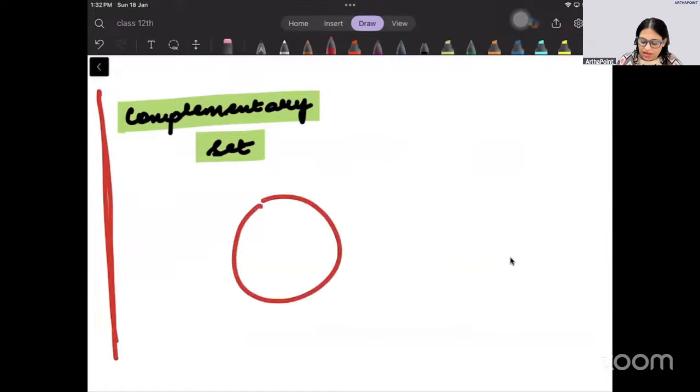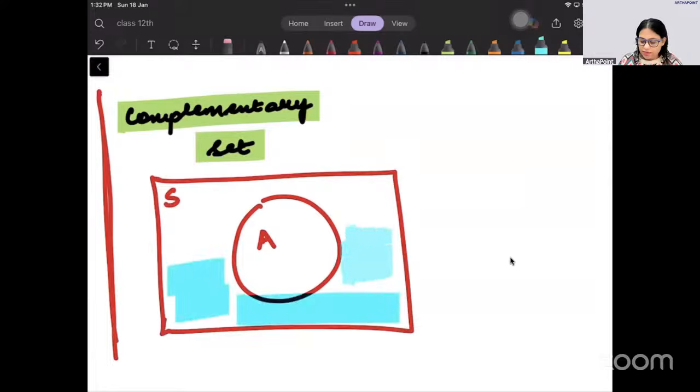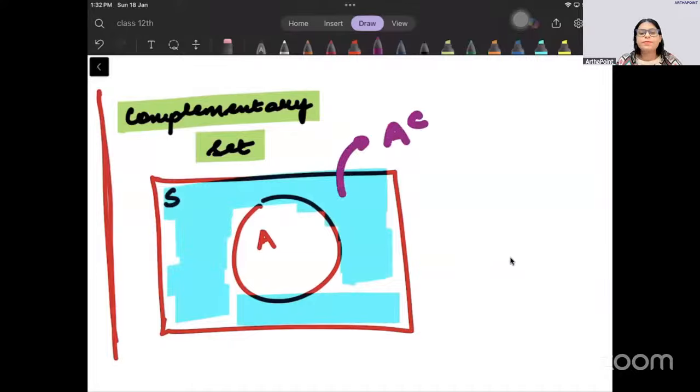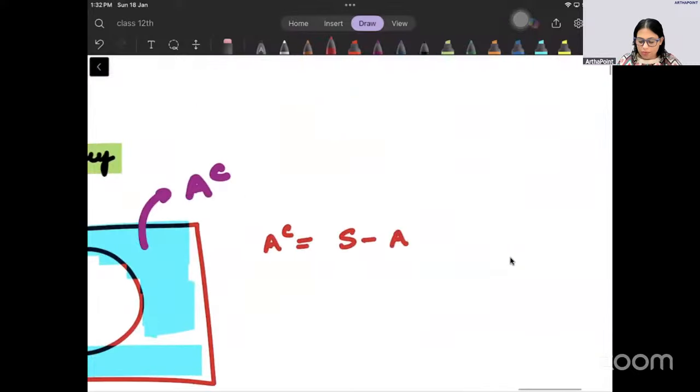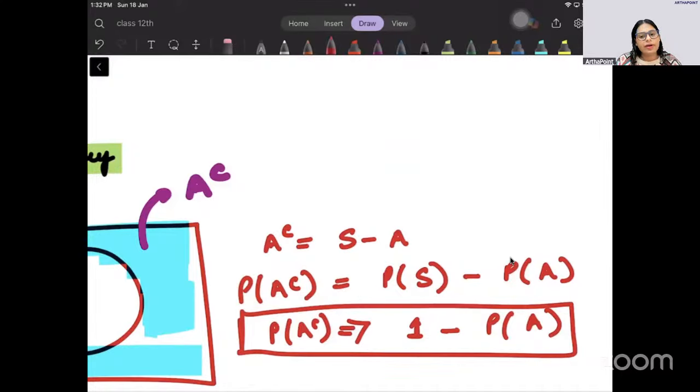If this is A and this is the entire sample space, then anything other than A is my A complement. So A complement is nothing but sample space minus A. If I include probability on both sides, the probability of A complement will be the probability of sample space minus the probability of A, and the probability of the sample space is 1. So the probability of A complement becomes 1 minus probability of A.